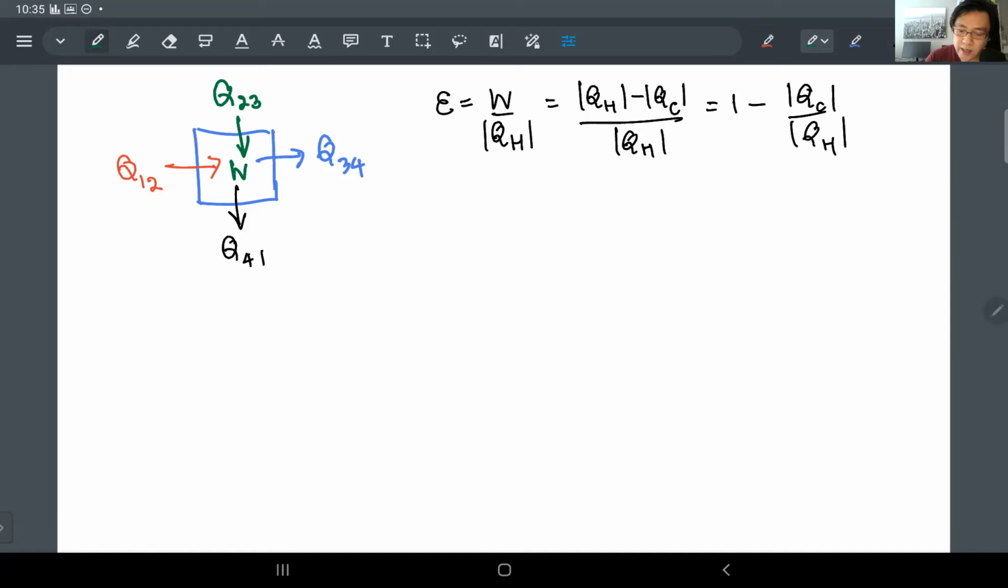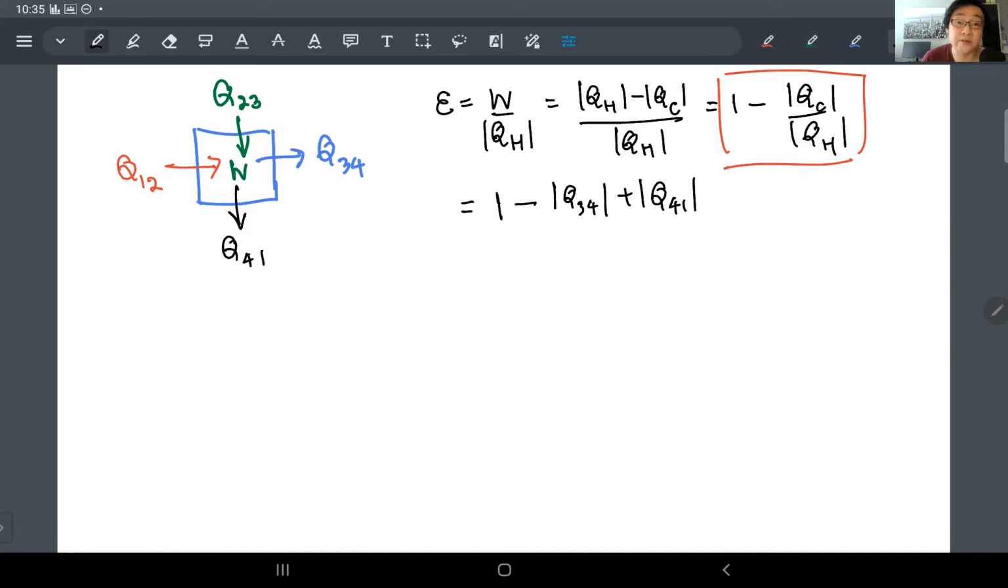So just to make things a little bit easier, I'm going to pick this final expression in our calculation. It's going to be equal to 1 minus Q cold. Q cold is the heat that's flowing out, so it's going to be Q34 plus Q41. See that? I'm just taking the magnitude now because all I care about is how much.